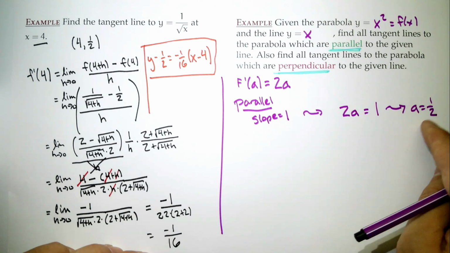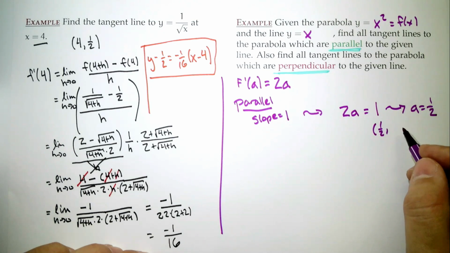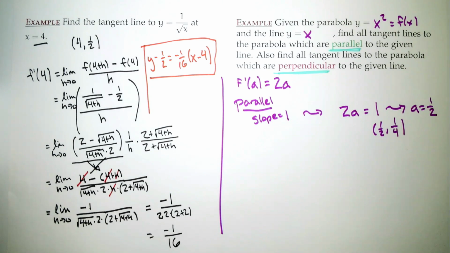Well, that's not really a point, that's really our x-coordinate. What's our y-coordinate? 1/4. Because our function is we square. So if our x-coordinate is 1/2, to get our y-coordinate, we square that, we get 1/4.